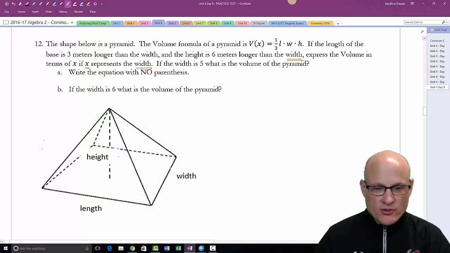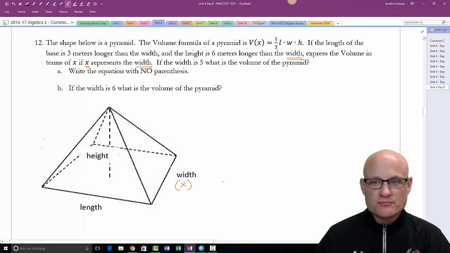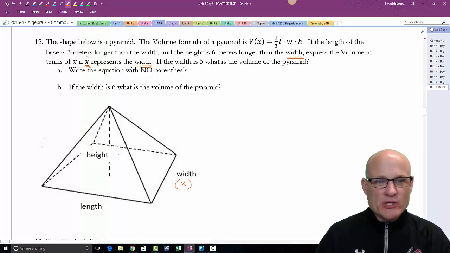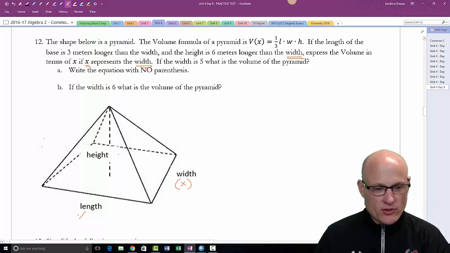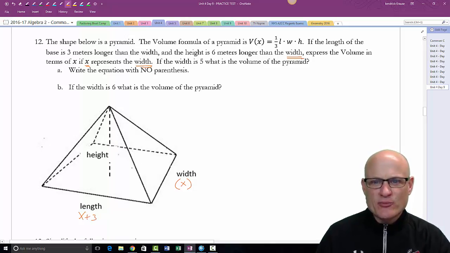All right, so x is the width. The length of the base is 3 meters longer than the width, so longer would be x plus 3. The height is 6 meters longer than the width: x plus 6.